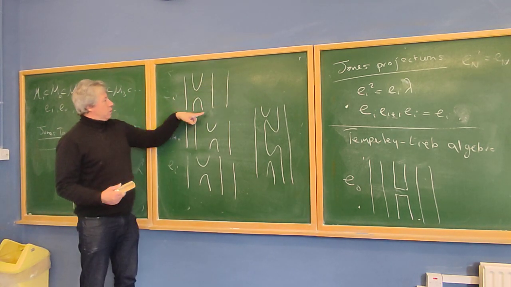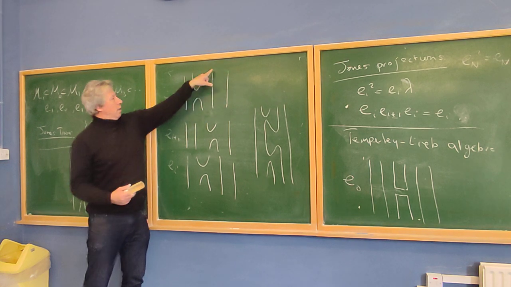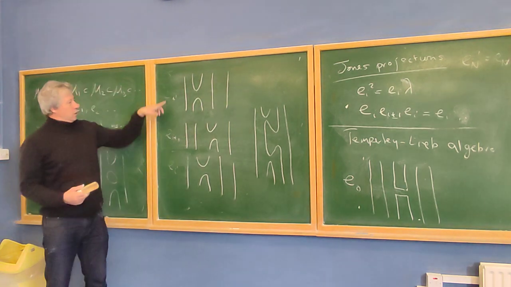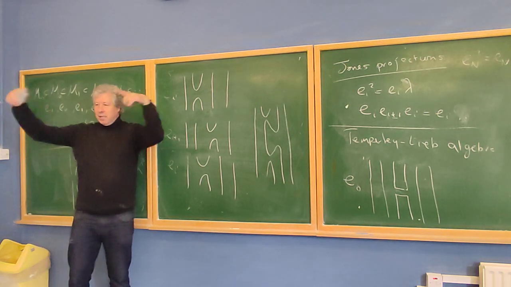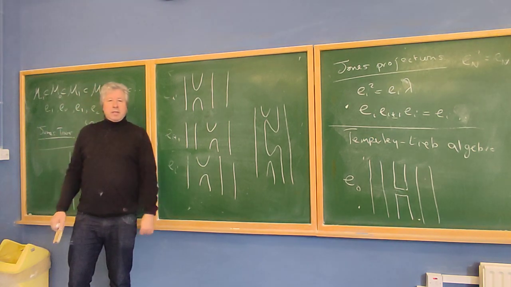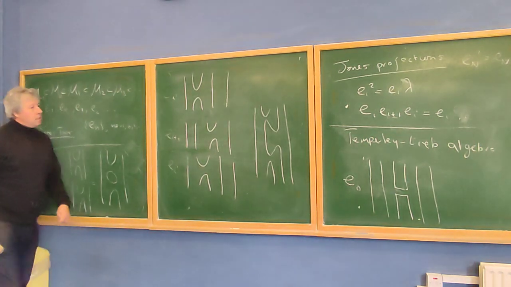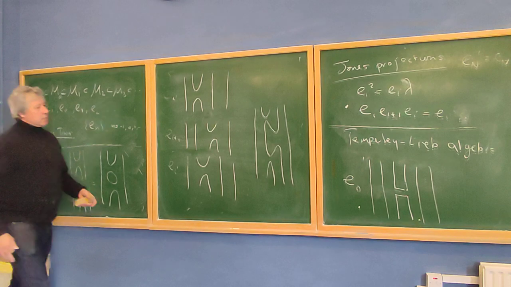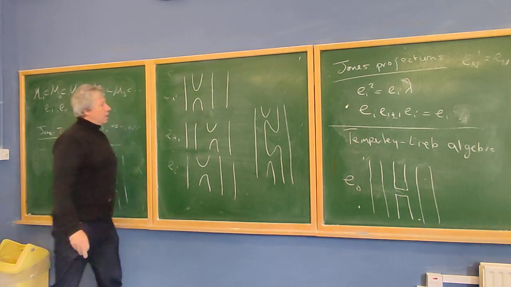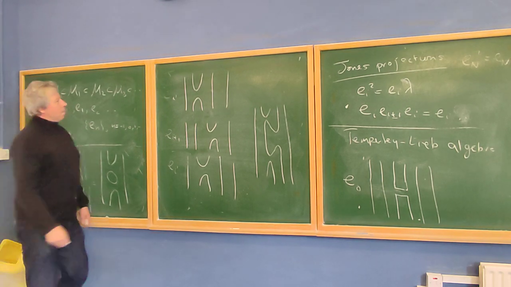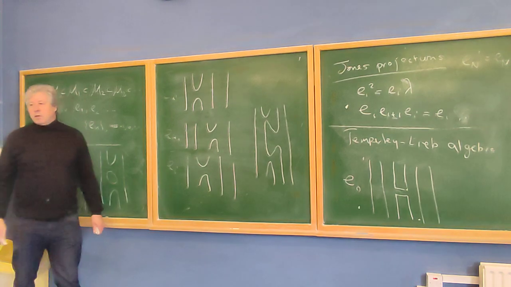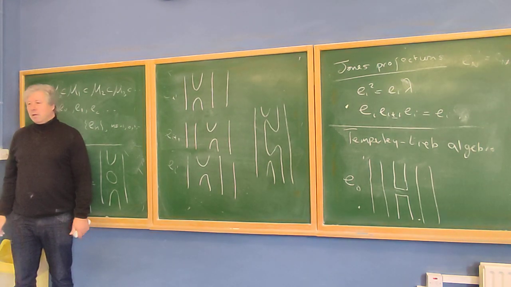So I have external points here that I've been connecting with these lines, and by using these projectors, I can make any diagram connecting all of them without them intersecting. You can draw many pictures like this, and then the number of diagrams that I can make will depend on how many external lines there are.